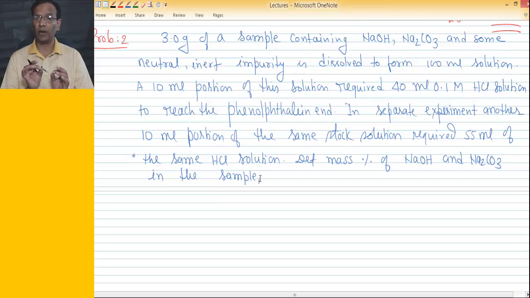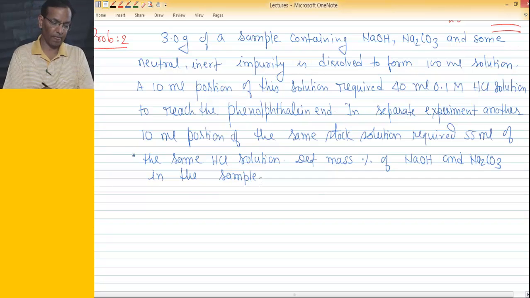So now the phenolphthalein endpoint will be reached only when NaOH is completely neutralized and sodium carbonate is completely converted into sodium bicarbonate. In presence of methyl orange, endpoint will be observed when the neutralization is complete, that is, the bicarbonate is further neutralized into carbon dioxide and water.